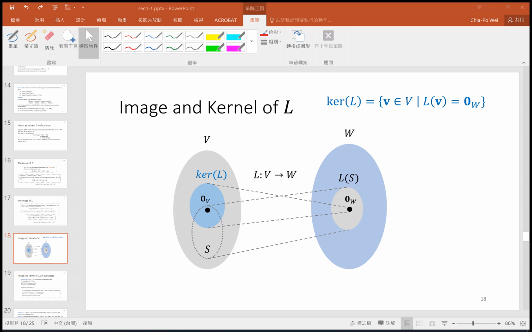Next, we use the figure in page 18 to visualize the definition of kernel L. Our textbook does not have this figure.